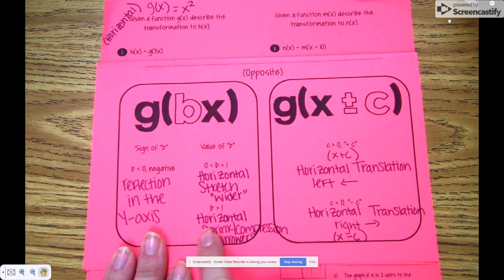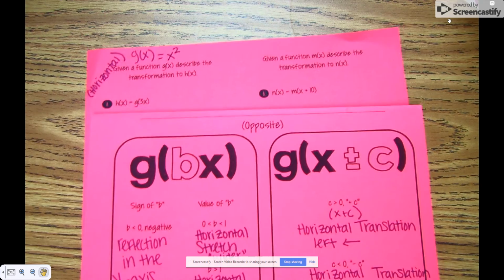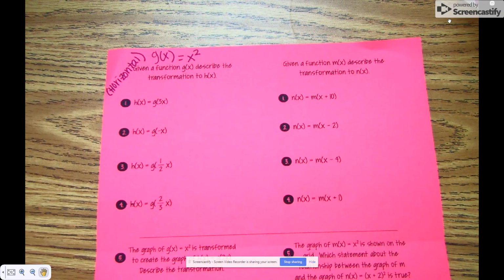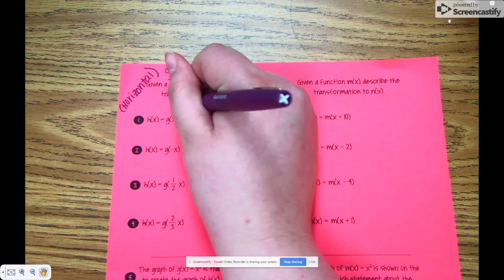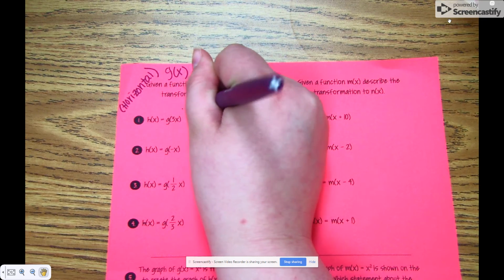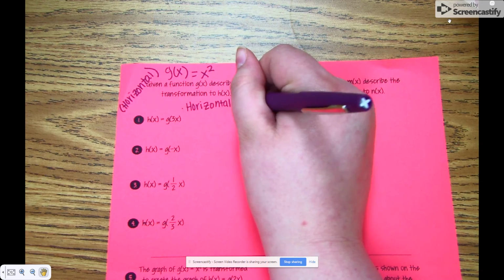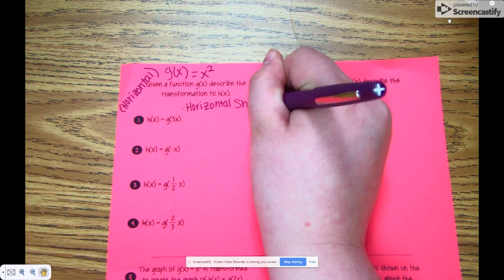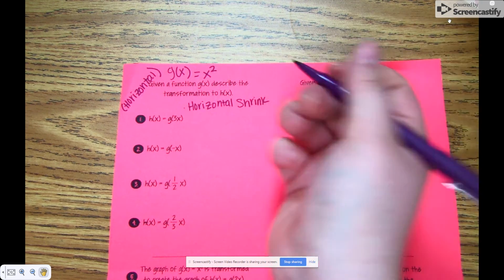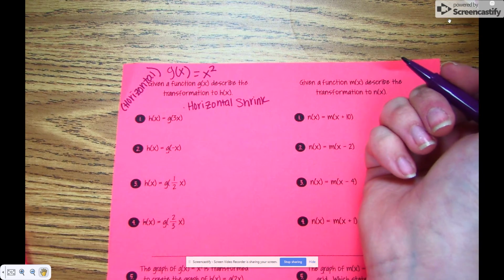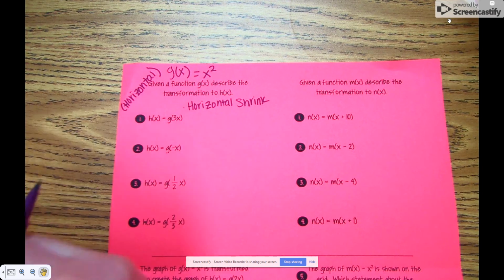And down here it says horizontal shrink or compression, and it's going to be narrower. So let's go ahead and write that down. This is going to be a horizontal shrink or compression.